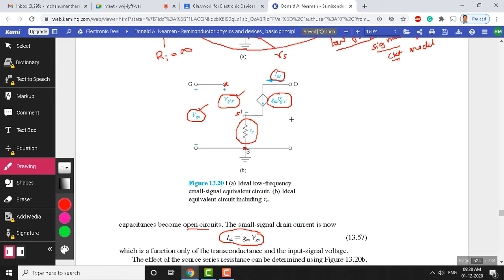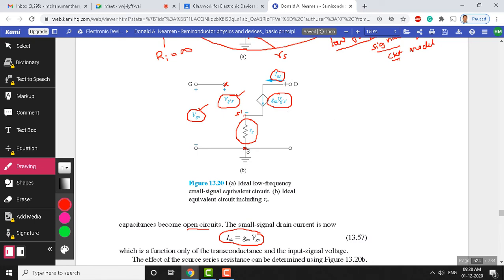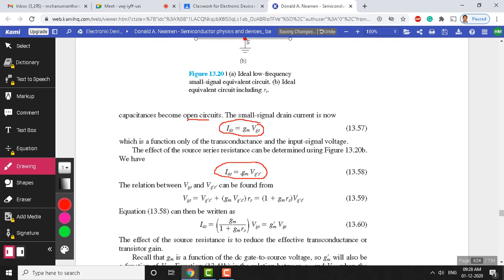This expression is valid for the ideal small signal low frequency model, whereas for this one, IDS is GM times V G dash S dash. The same equation is written here, you can see this.